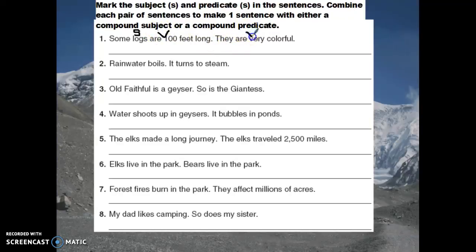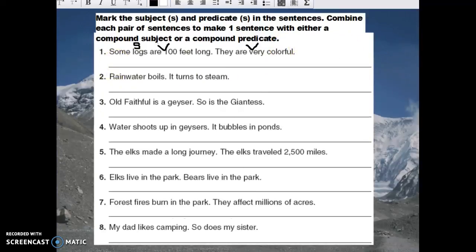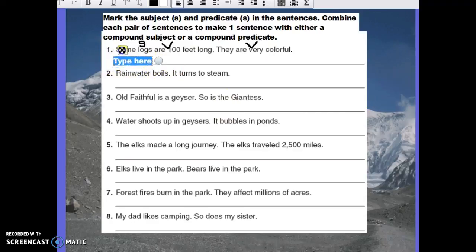And are very colorful is my verb. So I'm going to combine those two predicates using and or or and rewrite the sentence. So it might sound something like this. Some logs are 100 feet long and very colorful.